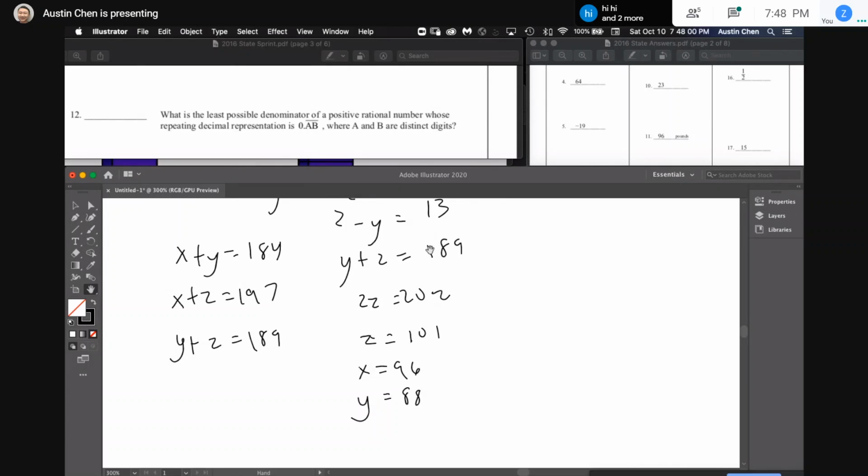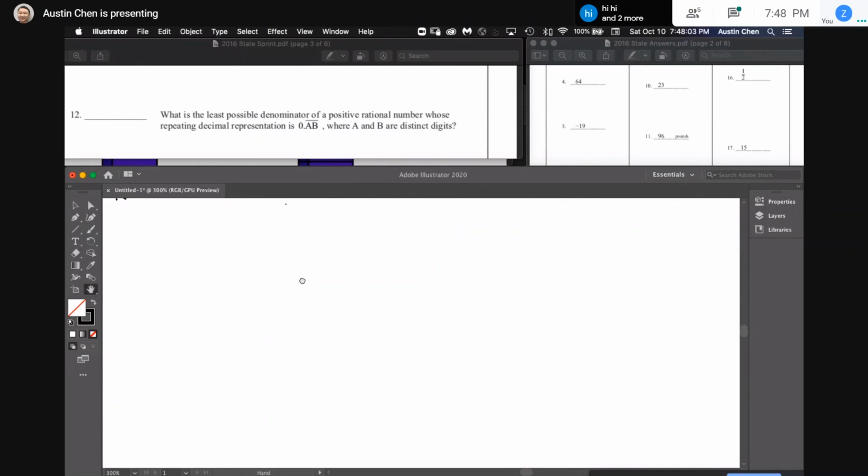What is the least possible denominator of a positive rational number whose repeating decimal representation is 0.ab, where a and b are distinct digits and ab is repeating? Basically we have a decimal representation of 0.ab repeating, and this corresponds to some fraction.